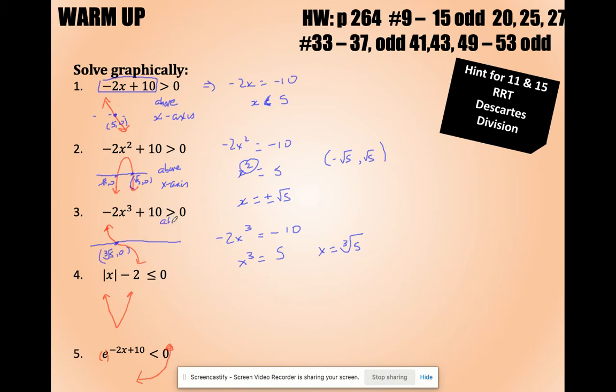When is that red graph above the x-axis? It is when x is less than the cube root of 5. Now remember, I could write it this way. There's lots of ways I could write the answer. It doesn't matter which way you write it, as long as you can read it any way I happen to write it to you.